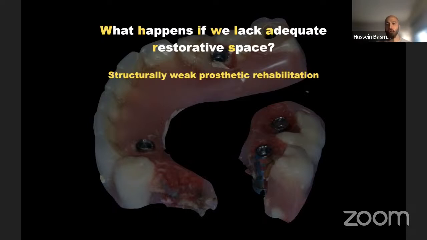Based on that guide, we have to know how much space we need, and prior to that, we have to understand what prosthetic design we're going to end up with and agree on with the patient, because as we will see in just a little bit, every prosthetic design has a different restorative space recommendation. If we lack adequate restorative space, we're going to end up with a weak prosthetic rehabilitation.